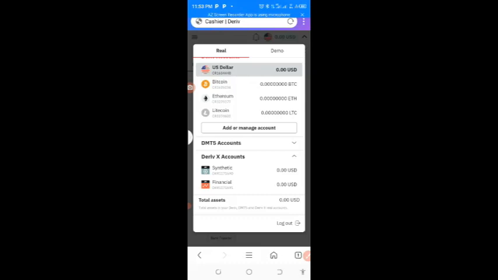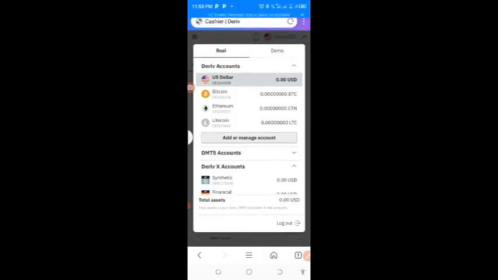When it gets to the destination, you can convert back to Bitcoin or Ethereum as you want. Use any cryptocurrency that is very cheap so that the transfer fees will be minimal. So that is it.